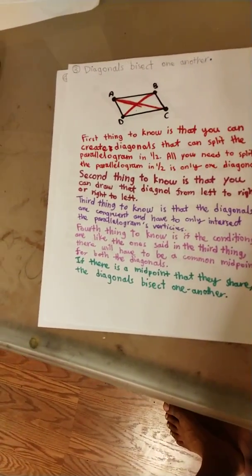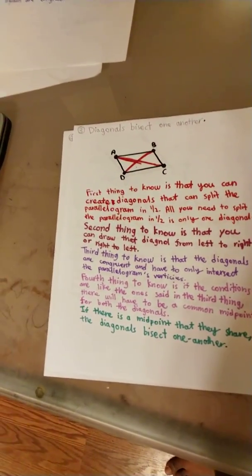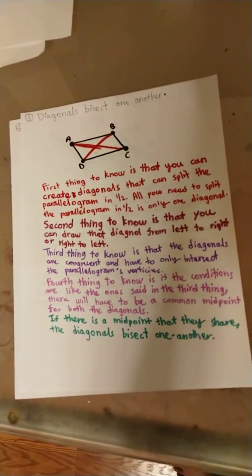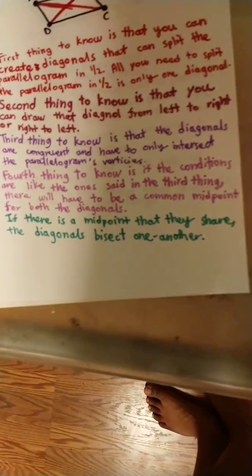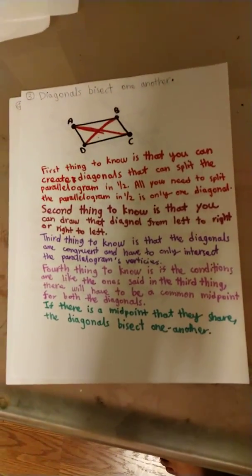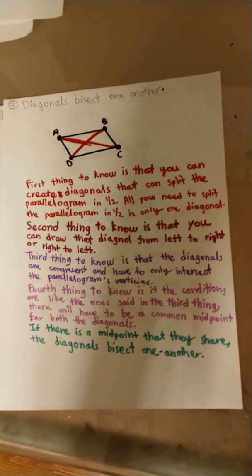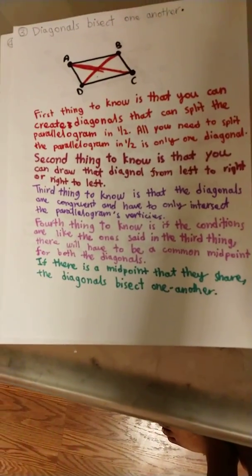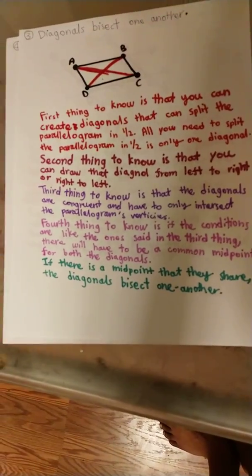So A cannot intersect D or B, it can only intersect C, and the same goes for the others. The fourth thing is that under these conditions, there will have to be a common midpoint for both diagonals. And if they share a midpoint, the diagonals bisect one another.